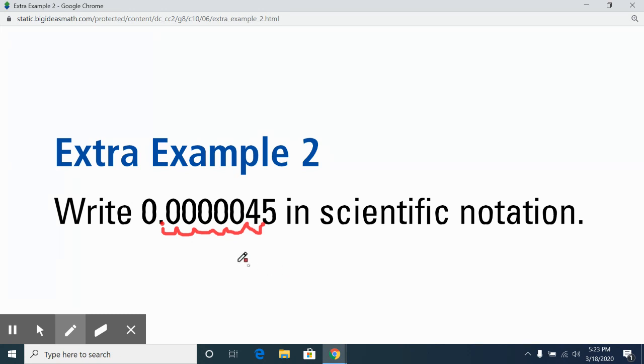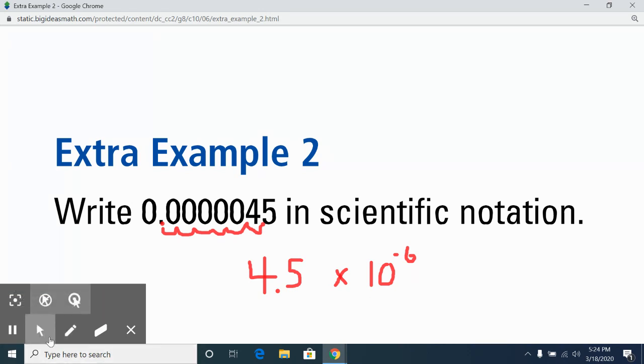All right, so my answer is going to be 4.5 times 10, obviously, to the negative 6th power. All right. Should be pretty straightforward, guys.